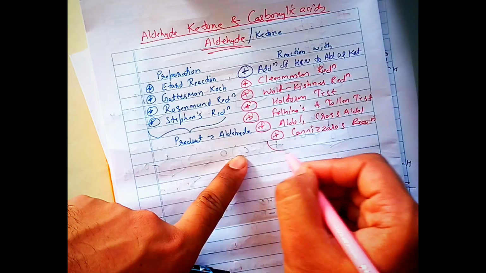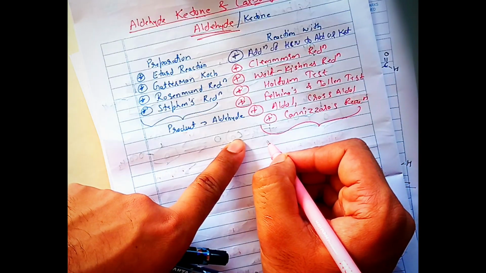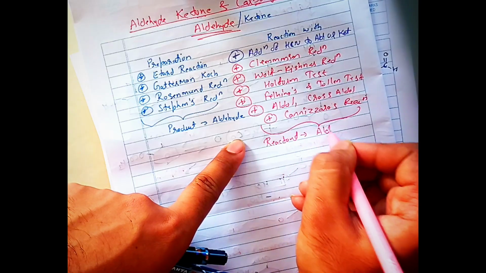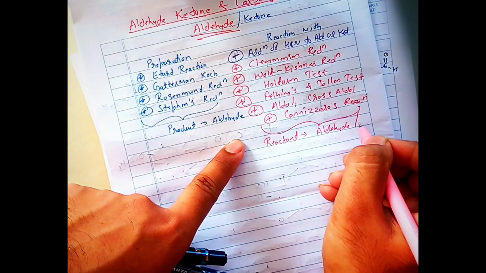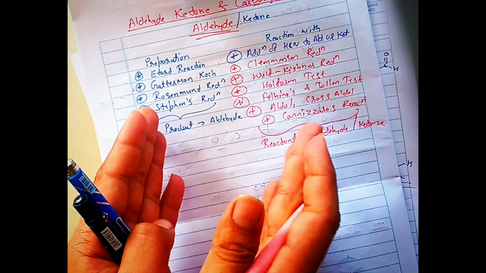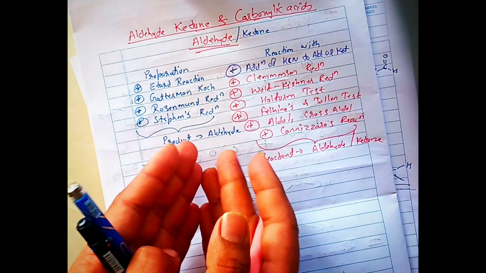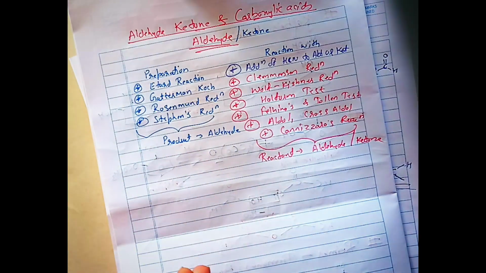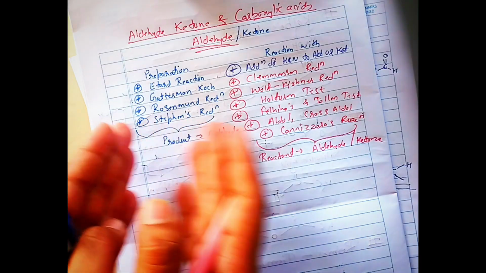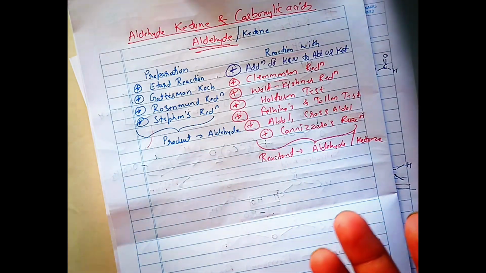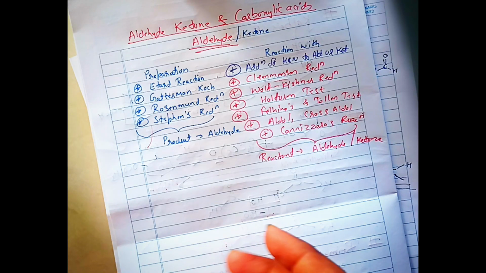So here the reactant will be aldehyde or ketone. Like this you have to distinguish the tests. Okay, so here we can easily identify the product and the reactant. So here I will distinguish between the preparation reactions and the reactions of aldehyde and ketone.